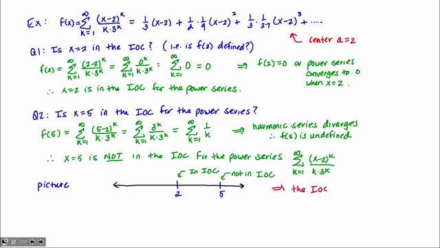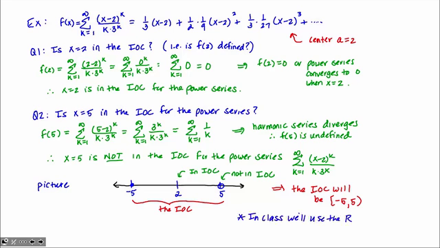In class, we'll see in fact that the complete interval of convergence will be the interval from minus 5 to 5, including negative 5, but not including 5. So far we've been guessing and checking, and we'll need a more systematic method to find the interval of convergence and to check the claim above. We'll look at this in class, and we'll see how we can use the ratio test to help us find the complete interval of convergence for a power series.